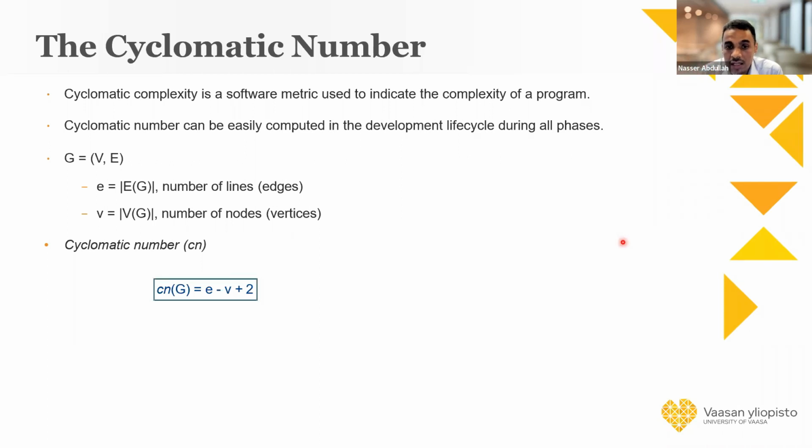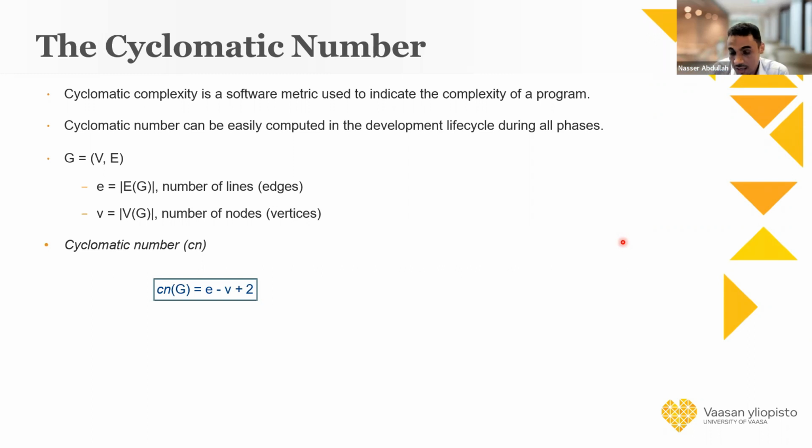If this number is high, your application is more complicated, so we have to reduce some loops and if statements to make it easier. This is used to calculate the complexity of the system.